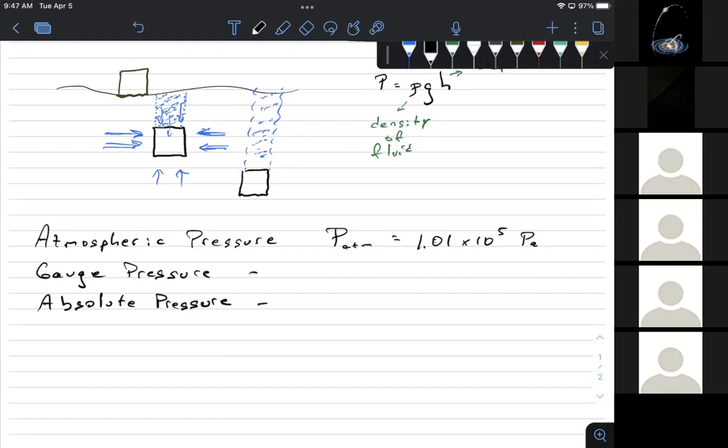Okay. The gauge pressure is simply how much pressure it feels different than what it is naturally. Let's say the new pressure or the excess pressure.